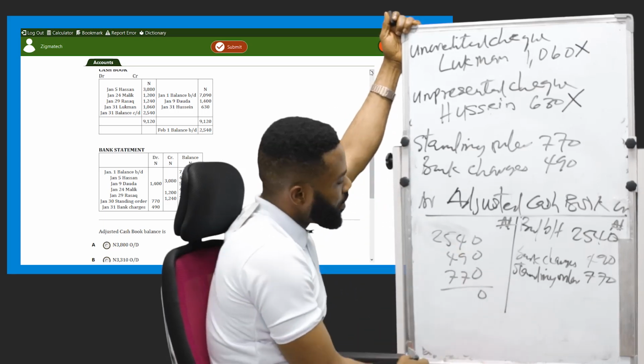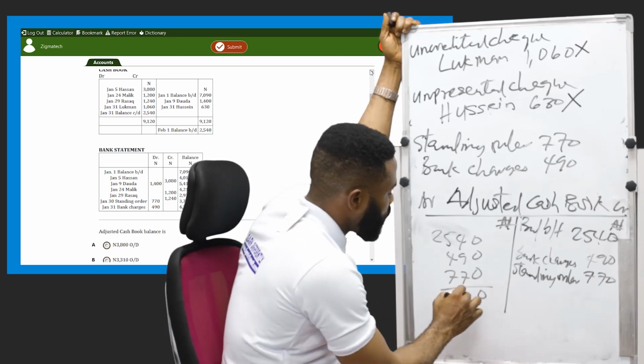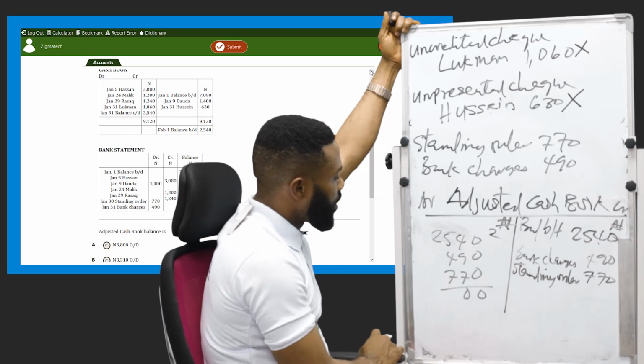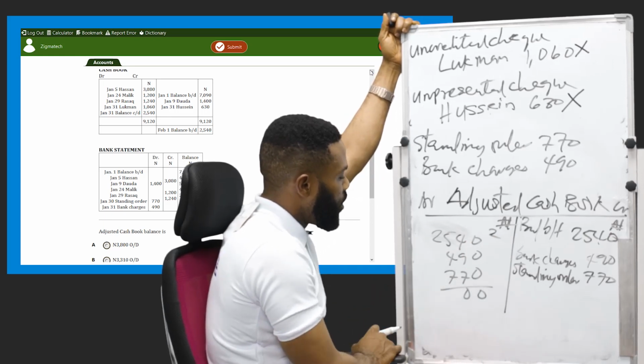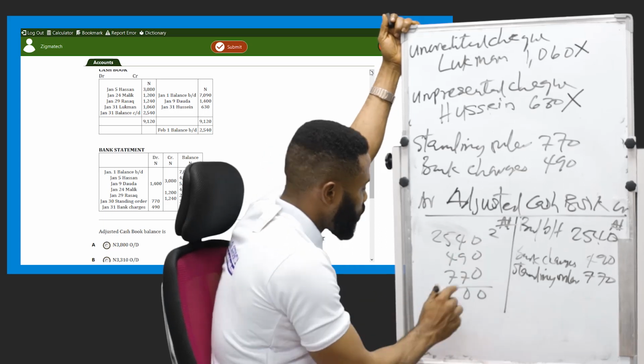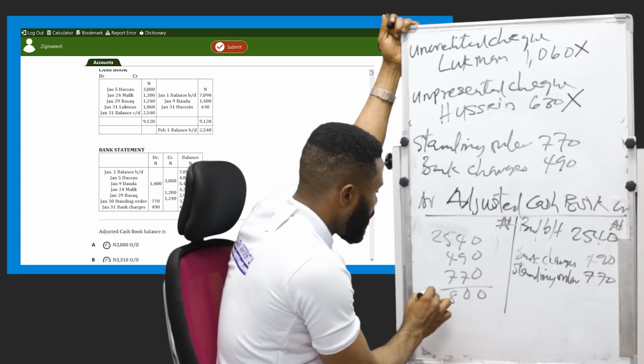This is 0. 4 plus 9 is 13. 13 plus 7 is 20. Carry 2. This is 5. 5 plus 4 is 9. 9 plus 7 is 16. Plus 2, 18. Carry 1. And then you add that one to here. You have 3.